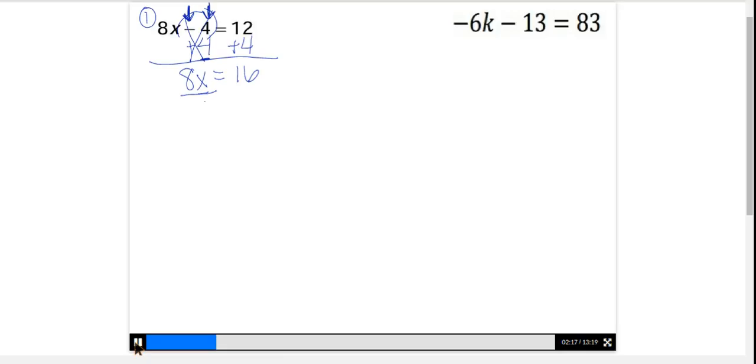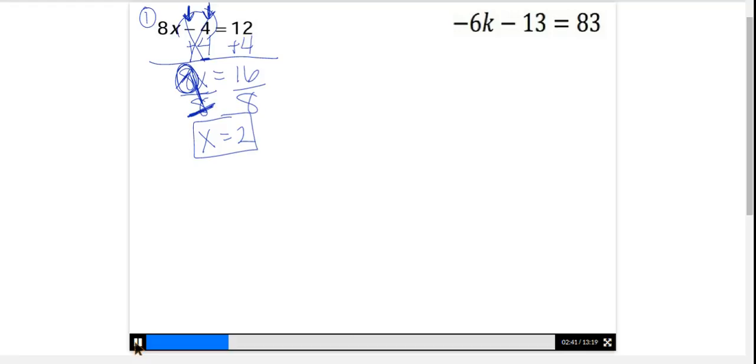Well, now I can divide both of those by 8. I'm making 8 little groups like we do in our pictures. Okay, I'm again dividing by this number, that coefficient right in front of the x, so that this becomes my coefficient of 1, and I just have x. So then I do 16 divided by 8 gives me 2, and that's my answer.